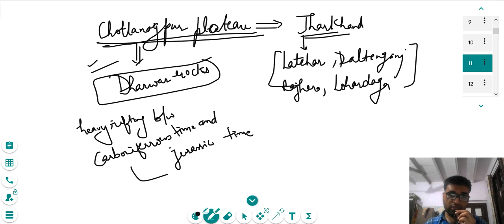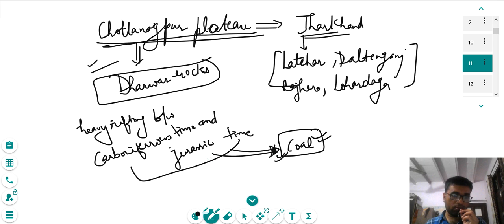So in this period it witnessed heavy rifting, and this rifting led to burning of the forest which were there in this region and formation of the coal of this region. So this region is rich in the coal resources, and these were formed during the Carboniferous to the Mesozoic period, right? And along with the coal, other resources like iron, aluminium, manganese are also found in this region, right?